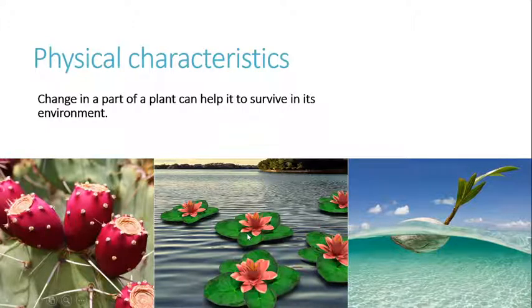This feature helps it to obtain water and nutrients, also take up energy from the sun and reproduce by flowers. Also we have the desert plants. Different plants have different strategies to reproduce, grow, and survive.